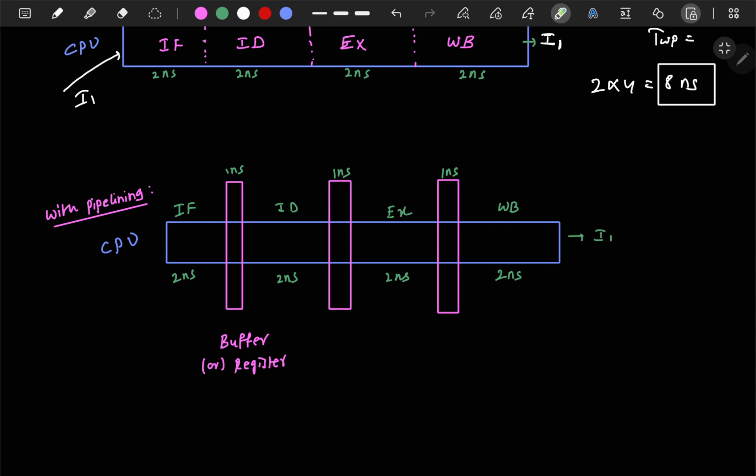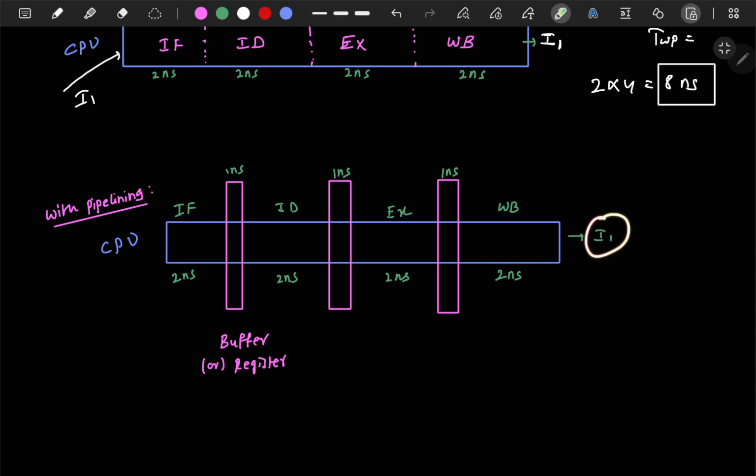Now you try to execute one instruction, I1. It comes to the fetch phase, takes 2 nanoseconds, then gets inside the buffer for 1 nanosecond, so totally 3 nanoseconds. After that it comes to the decode phase, 2 nanoseconds, then the buffer, completely 3 nanoseconds. Like this it passes through all of them and comes out.